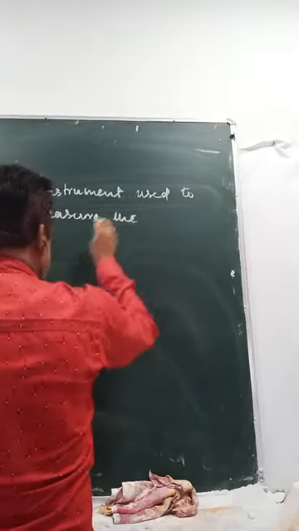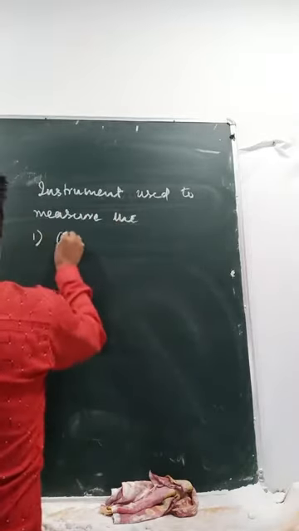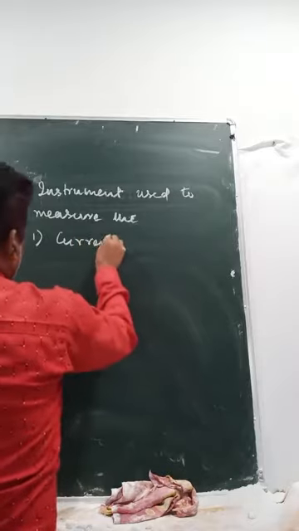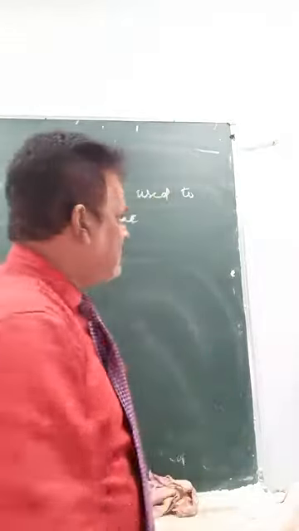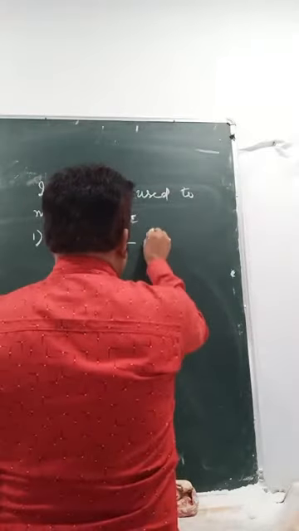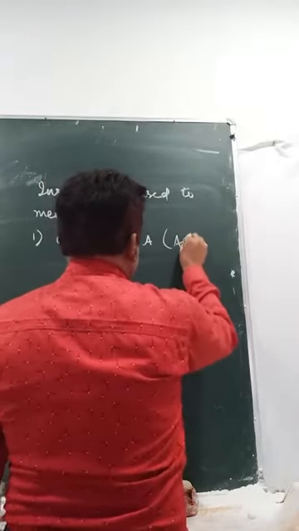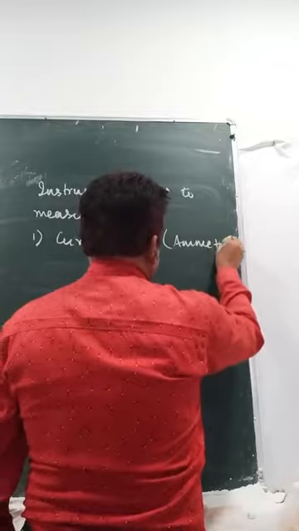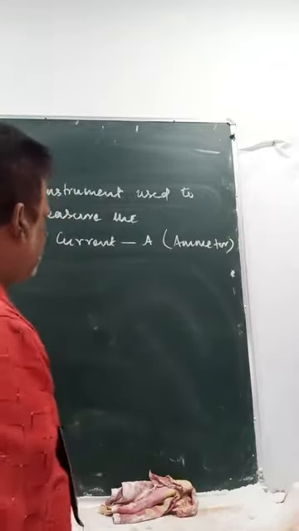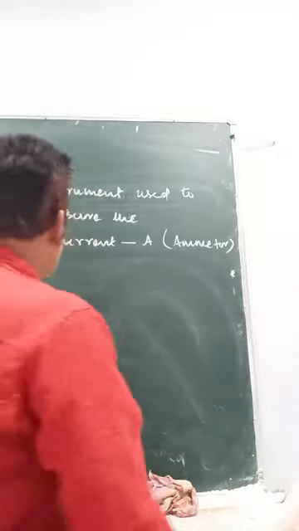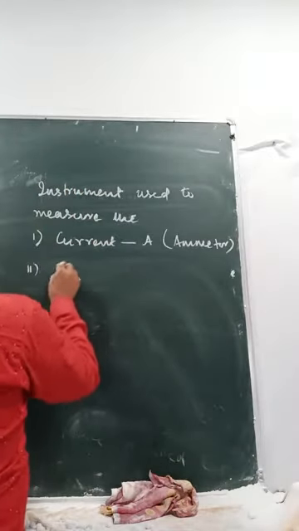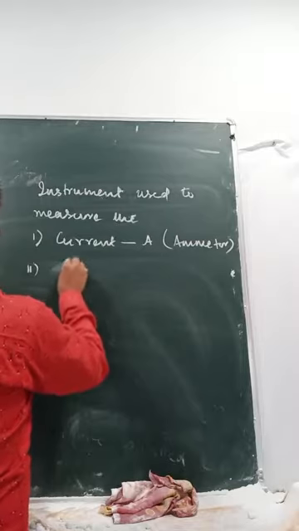The first one is current. Which instrument is used to measure the current? That is A, the ammeter. An ammeter is an instrument which is used to measure the current. Second, potential difference.